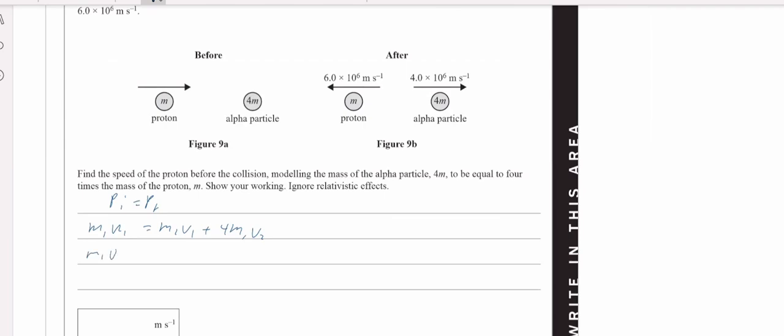So M1 is, and we take this direction as positive, and so minus 0 times 10 to the power 6 M1 plus 4 times 10 to the power 6 M1, and we can cancel out the masses, get a momentum of 1.0 times 10 to the power 7 per second.